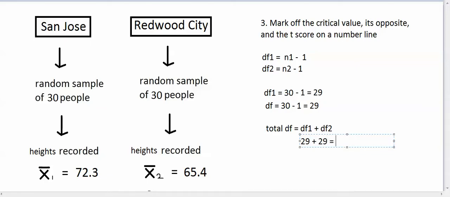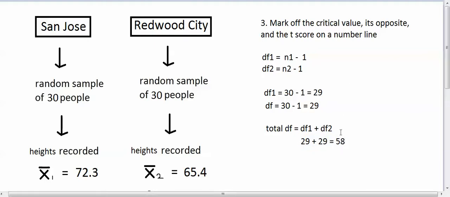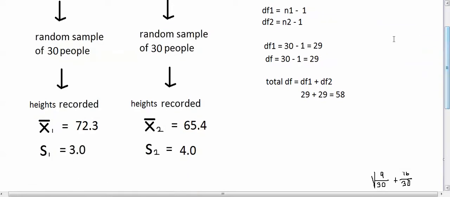And the answer that we're going to get is 58, which is actually 2 less than the total sample size. The total sample size is 60 people, and this is just 2 less than that. So when you do this, your answer should also come out to 2 less than the total sample size. Now that we have this number, we know which row to go to in our table to get the critical value.